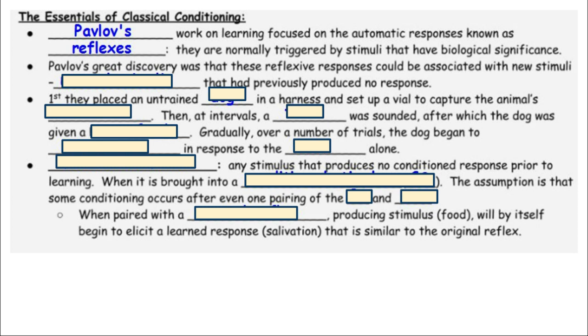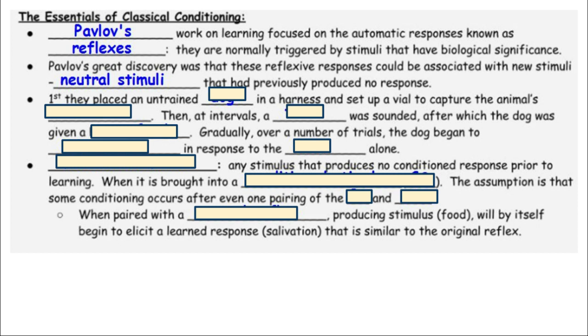Because the way our eyes dilate is really a natural reflex. As far as being exposed to darkness in an environment, your eyes typically do dilate. So Pavlov's great discovery was that reflexive responses could be associated with a new stimulus, a neutral stimulus that had previously produced no response whatsoever.